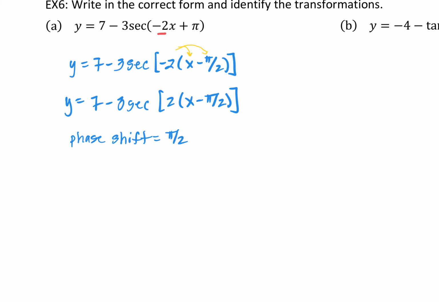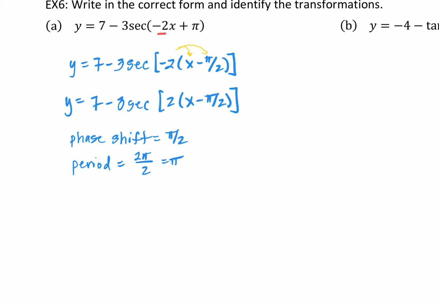That's fine too. The period is changed. That would be the 2 in front of the parentheses. So the normal period of secant is 2 pi. And when we divide that by 2, I get pi.